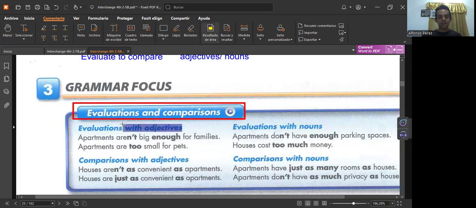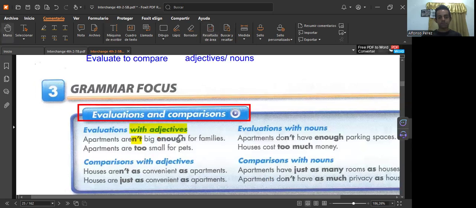When you evaluate with an adjective, we use the expression not, and we use enough. So we say not big enough. So apartments aren't big enough for families.